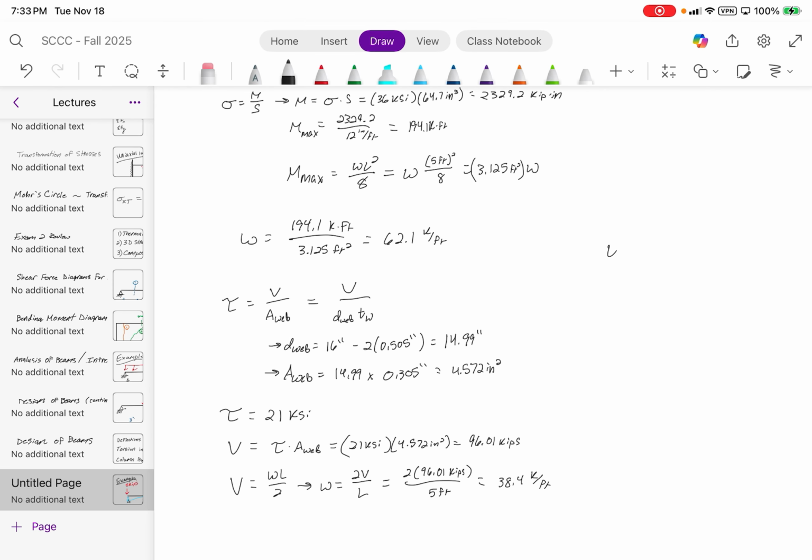So w for bending was 62.1 kip per foot, and w for shear was equal to 38.4 kip per foot. What's the max distributed load we can apply? 38.4 or 62.1? What do you guys think?